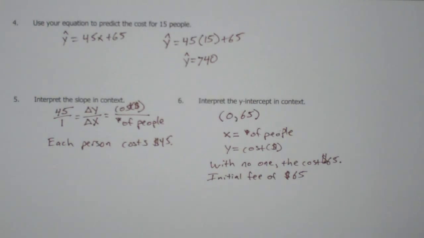Lots of things work like that. The 65 could be just about anything. It could be parking, it could be a group fee. Many businesses do this. They'll charge a base fee for a group of people coming in, and then they'll just charge you per person after that.